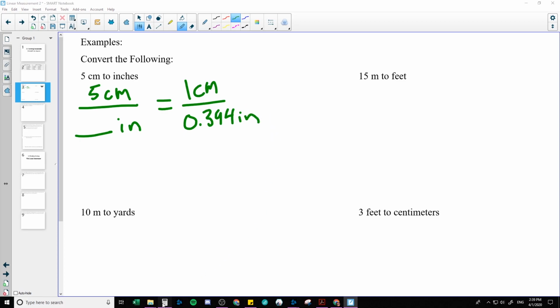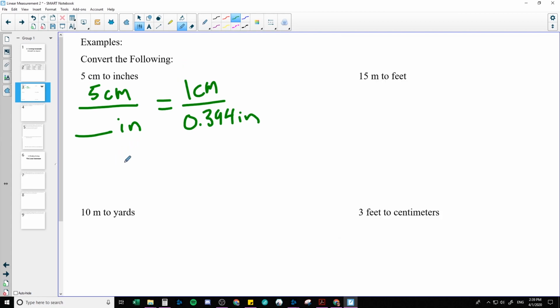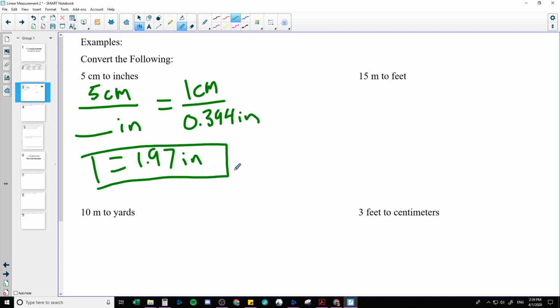All right, we need to grab our calculator here. 5 centimeters times 0.394 equals, divided by what's left over, which is the 1, and we get 1.97 inches. So 5 centimeters is 1.97 inches.